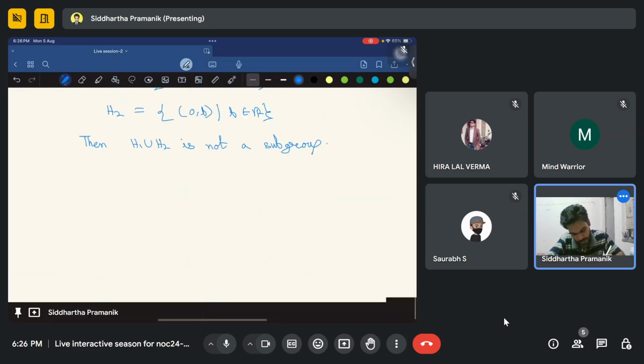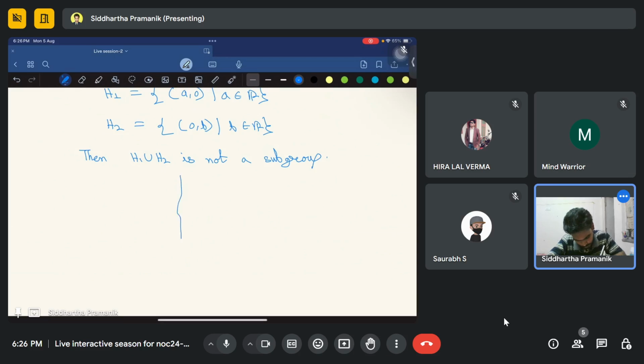You can just see the graph. So this is your x-axis and this is your y-axis. If you pick an element here, let's say it is (1, 0), and here an element (0, 1), then what about the sum?